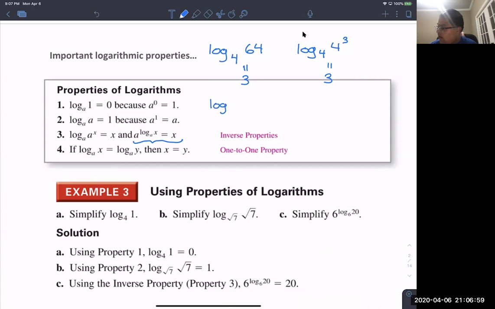That means that log base 4 of 64 equals log base 4 of 4 cubed. And this is pretty significant. That implies that 64 is equal to 4 cubed. And that's what this property says. If you are taking the log of some variable x and it equals the log of some variable y, that means the variables x and y must be the same.